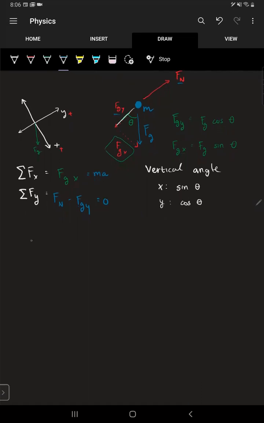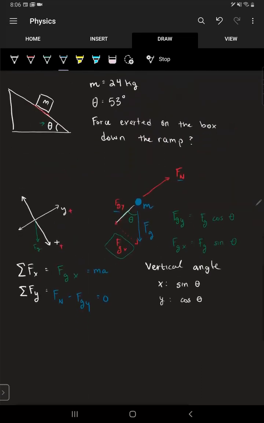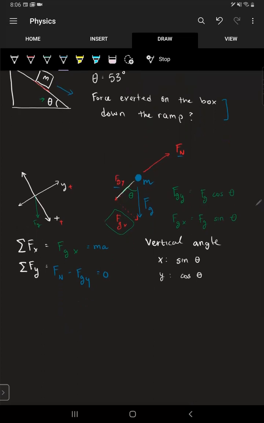Now we know, well, what did we initially want to find? We wanted to find the force exerted on the box down the ramp. Well, down the ramp is this direction. What is the only x-axis force we have? Well, it's Fgx. So, force on the box down the ramp is equal to Fgx, which is equal to mass times acceleration.